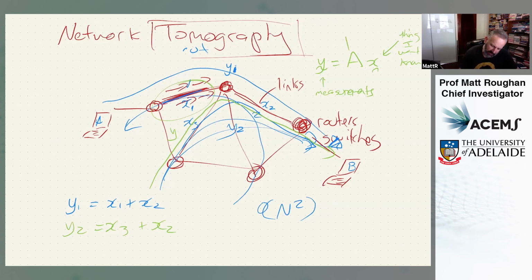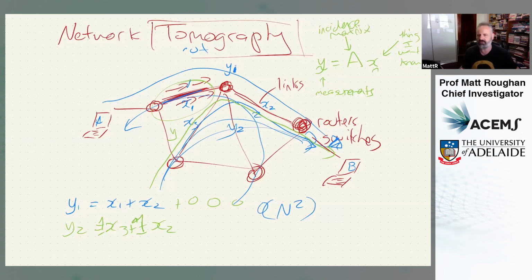What's this A? Well, A is we have ones here implicitly and zeros on all of the other coefficients. So this is a 0-1 matrix, and we traditionally would call this an incidence matrix.